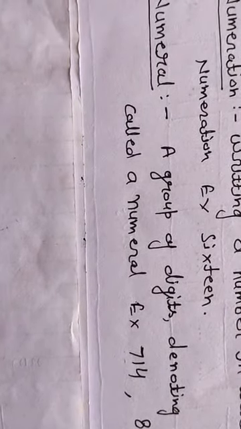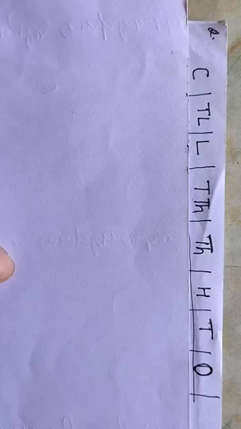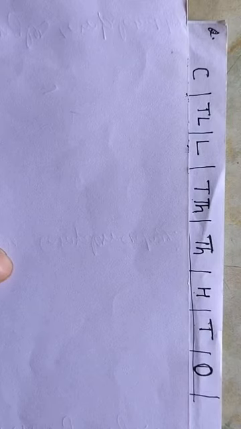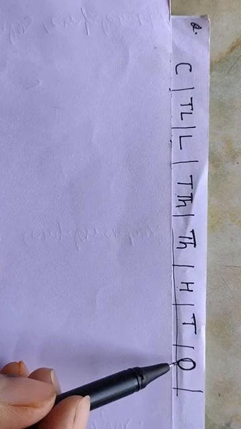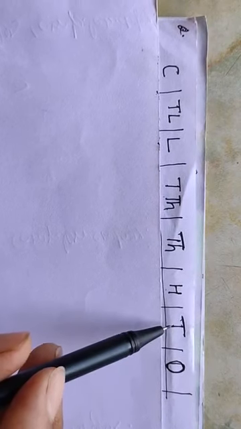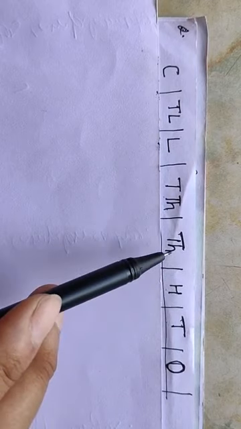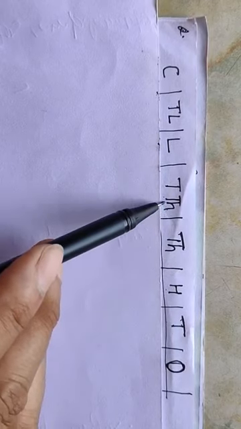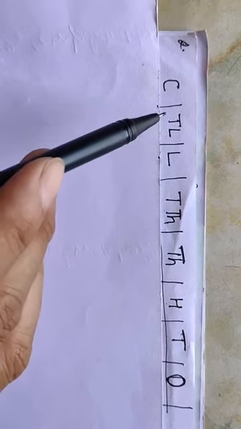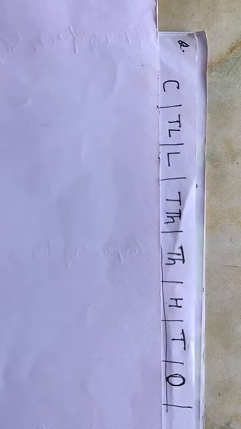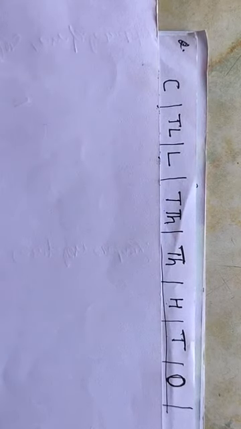Now, places according to the Hindu-Arabic system. First is ones, second tens, third hundreds, then thousands, ten thousands, lakh, ten lakh, crore, and so on.